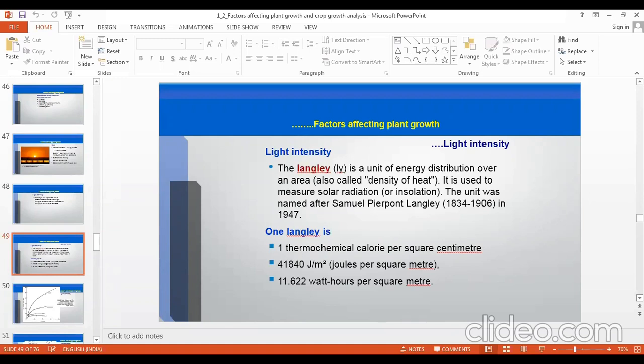The unit was named after Samuel P. Langley in 1947. 1 Langley is 1 thermochemical calorie per square centimeter, or 41,840 joules per meter square, or 11.622 watt hours per square meter. So this Langley is equivalent to these much of energy units.